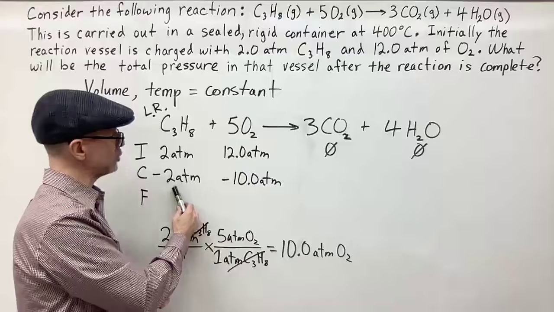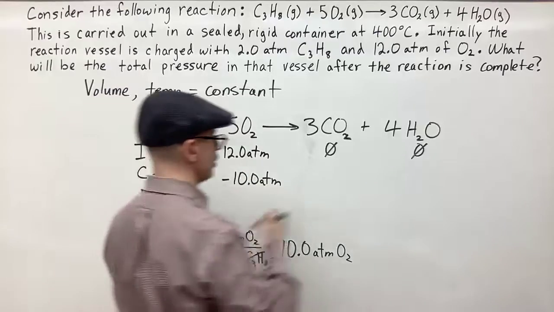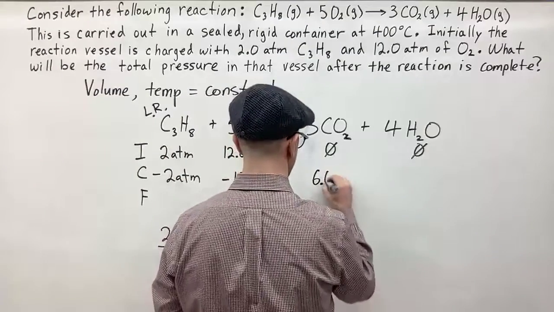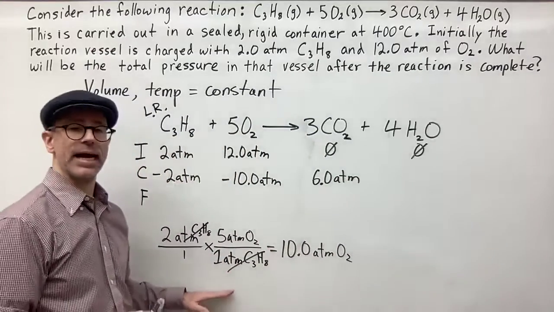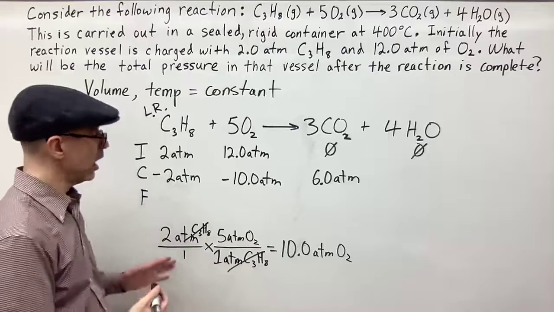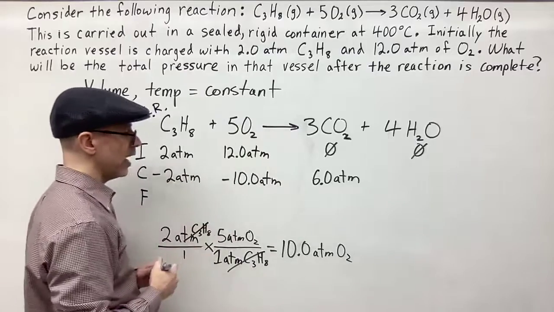So 2 times 3 gives me 6. So I should get 6.0 atmospheres of carbon dioxide. And again, I can do a conversion factor using the mole ratio to help me out.